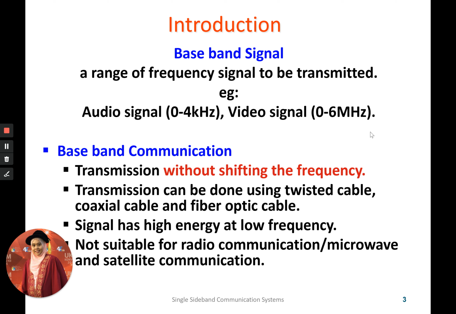This type of communication system has a signal with very high energy and uses low frequency. Most applications for this system are not suitable for radio frequency, such as radio communication, microwave, or satellite communication.